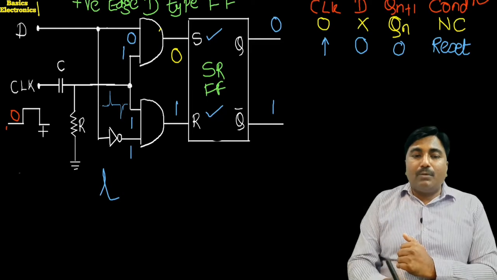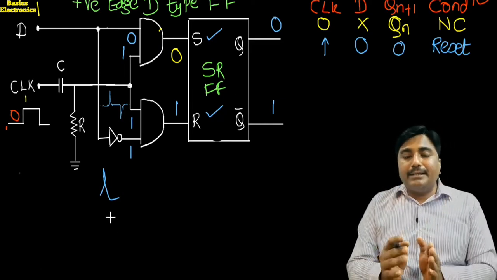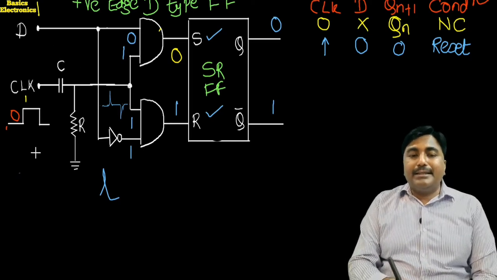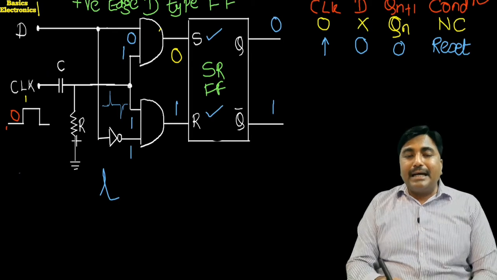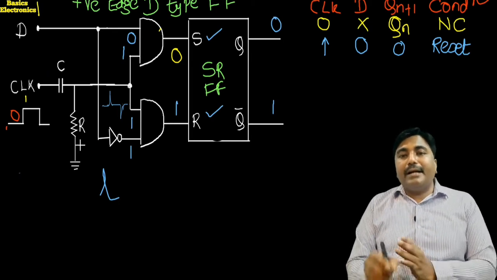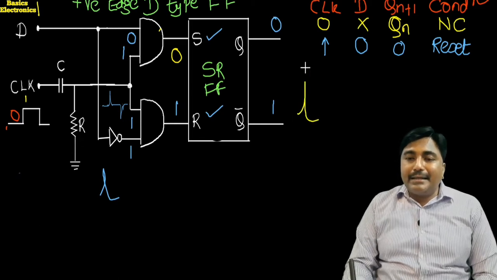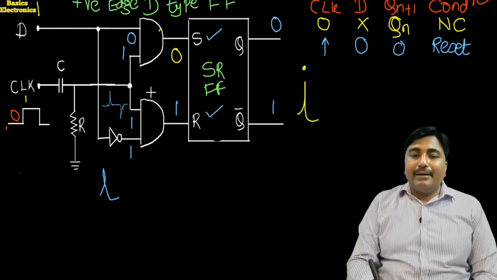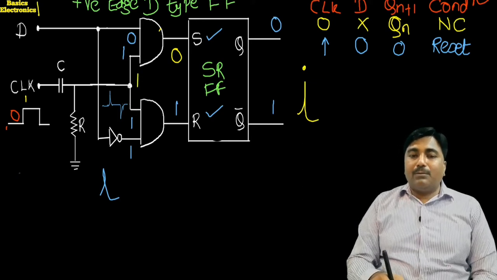For that particular instant, this clock pulse is applied to the RC circuit, and the RC circuit again produces a rising edge like this. At this particular instant the clock is equal to 1.